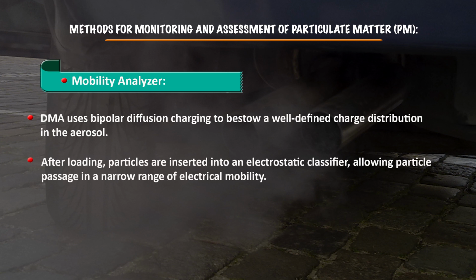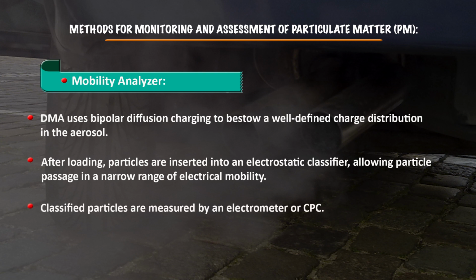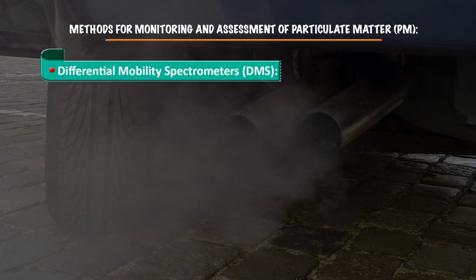After charging, the particles are inserted into the electrostatic classifier, allowing particle passage in a narrow range of electrical mobility. The classified particles are measured by an electrometer, or a CPC. Differential mobility spectrometers are also there.